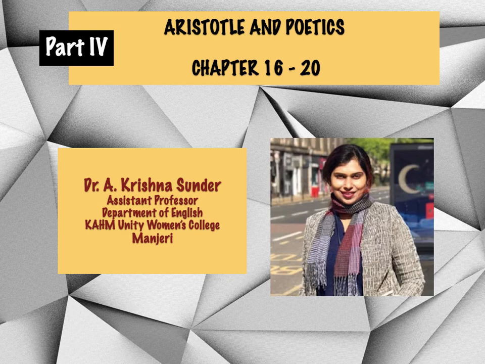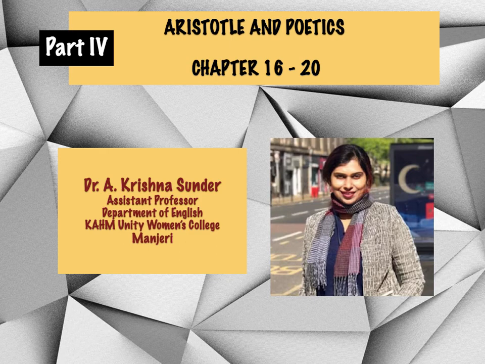Before we start with chapter 16, a few points to remind you of the previous chapters. As discussed earlier, Aristotle is using a digressive pattern in his book Poetics. He talks about the formative parts of a tragedy relating to the 6 important elements.